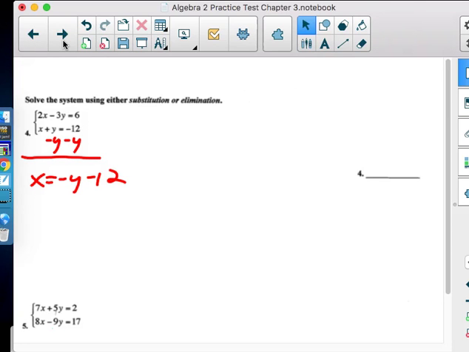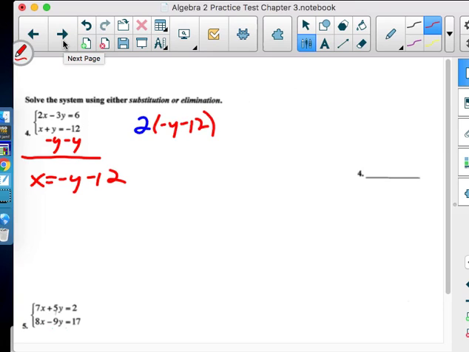So let's see here. 2, and we just said x equals negative y minus 12. So 2 times negative y minus 12 minus 3y equals 6. Johnny, what would you do next? Yeah, distribute that too.